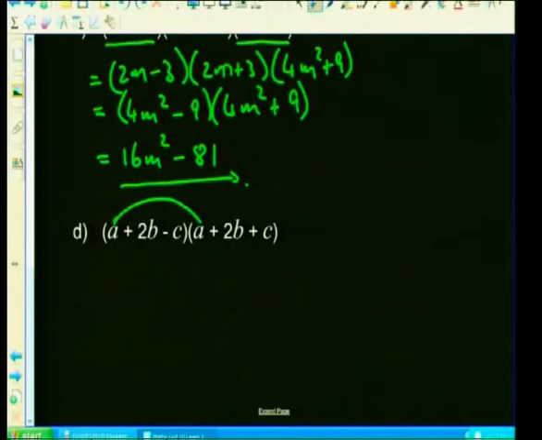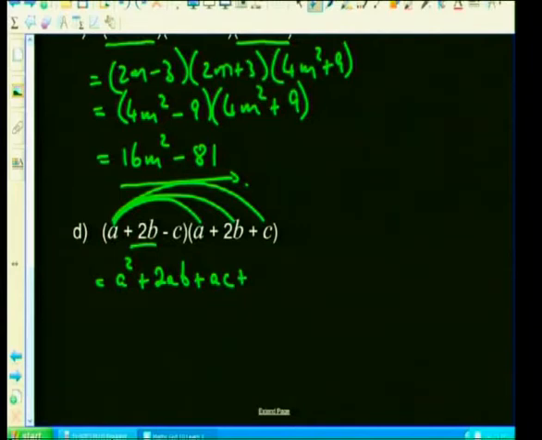Here we go. Well, I'm going to draw my rainbows in like a good boy, draw them in again, and it's going to be quite long. I'll get my a squared, I'll get my plus 2ab, and I'll get my plus ac. And then this is going to have to be multiplied by all three as well.